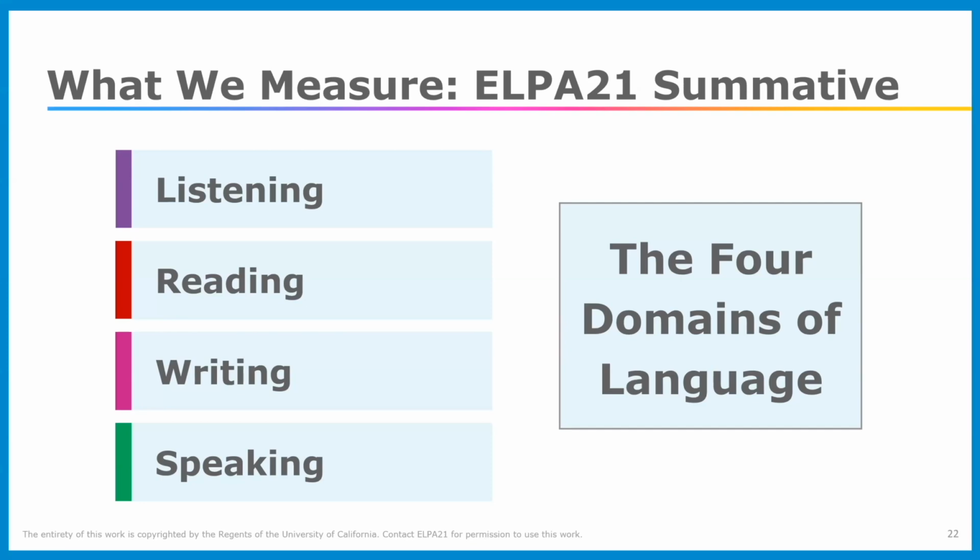So at ELPA21, we use all of a student's domain scores to determine if the student is proficient. A student must be at grade level in all tested domains to be considered proficient. On the ELPA21 General Summative, grade level in each domain is represented by a score of 4. We will review this in more detail shortly when we look at an individual student report.